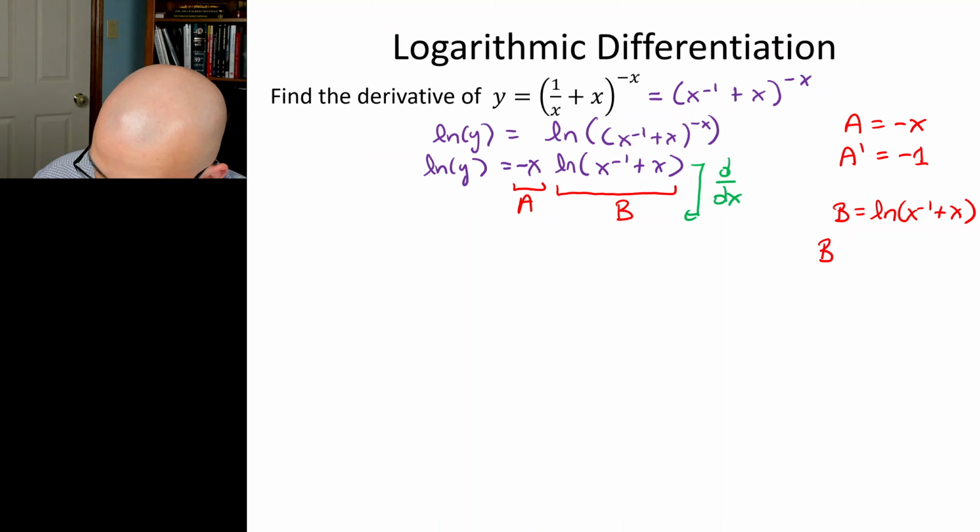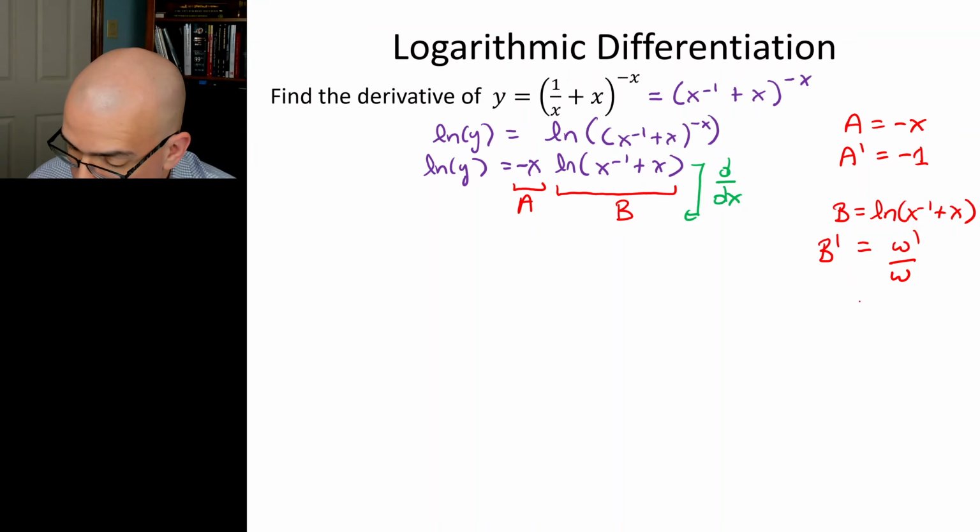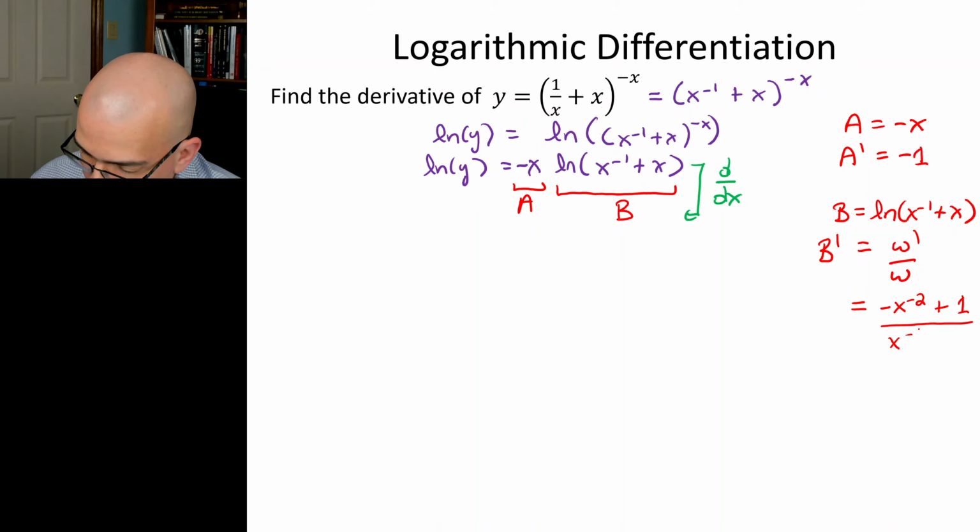B prime is w prime over w, calling everything inside the log function w. Derivative of x to the power of negative 1 is negative x to the negative 2, using the power rule. Derivative of 1 times x is just 1. All divided by x to the power of negative 1 plus x.